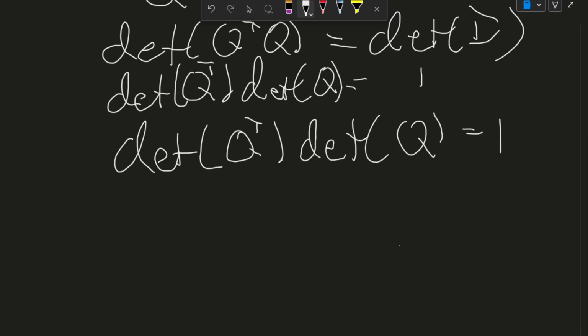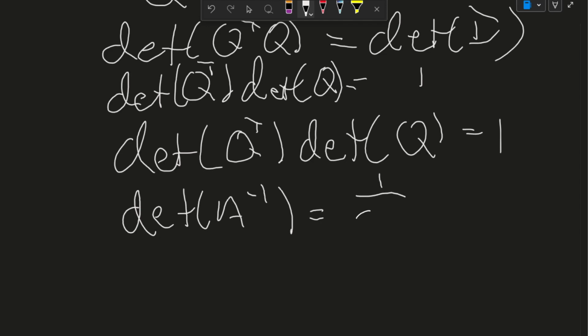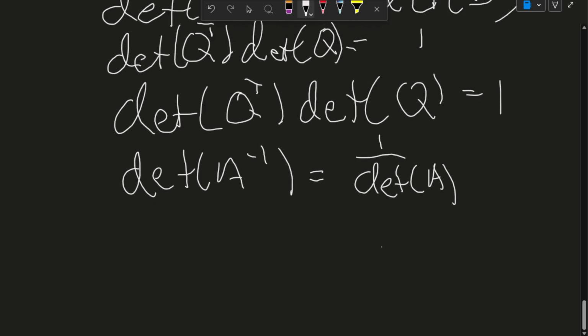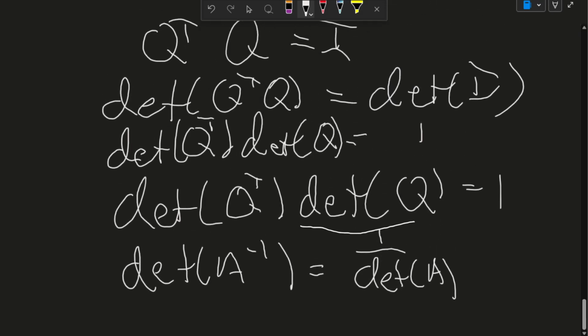So why have I done all this? I claim, and we didn't prove this, unfortunately, that the determinant of the inverse of a matrix is going to be equal to 1 over the determinant of the matrix. But actually, I also have basically just proved this, right?